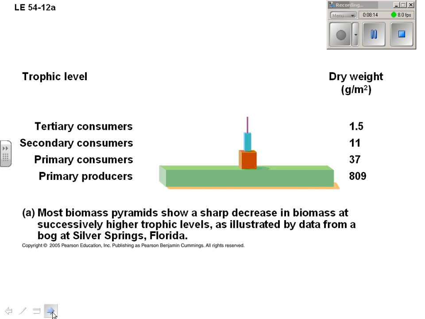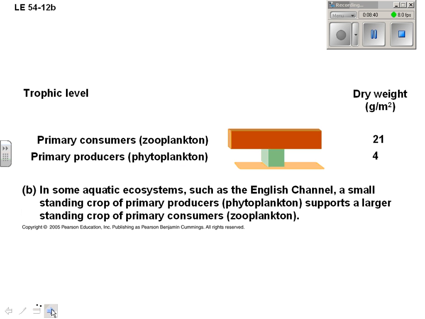Another way we can look at it is something called a pyramid of biomass, where we just measure mass: how much mass of primary producer do we have in an area, and how much mass of primary consumer. Well, remember, that's not 10%, but there's lots of other things that go into this. The amount of energy available is somewhere between 5 and 20%. This was done in a bog in Silver Springs, Florida.